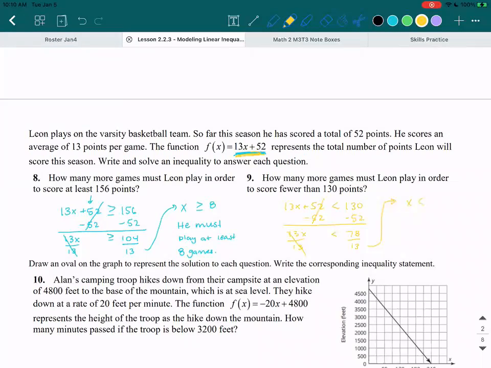You get x is less than 78 divided by 13, which gives us 6. So how many more games must Leon play in order to score fewer than 130 points? Leon must play fewer than 6 games.